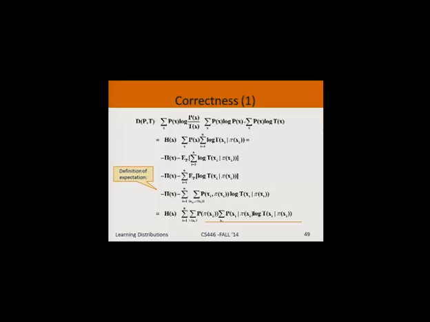And now basically what you see here is that I have P of this conditional probability, log T of this conditional probability. And this is where I'm relying on the fact that this is going to take its maximal value when T is equal to P, which is something you'll have to believe here.